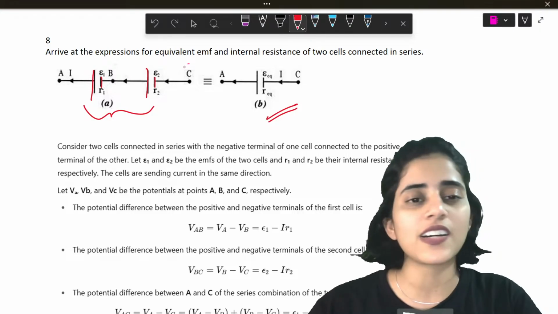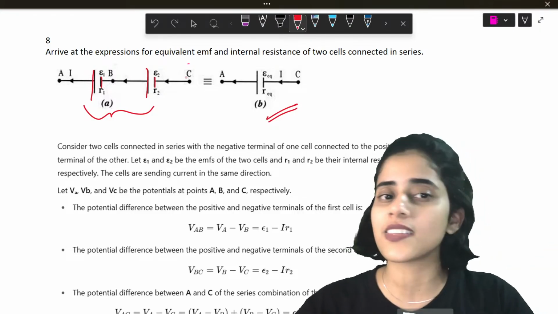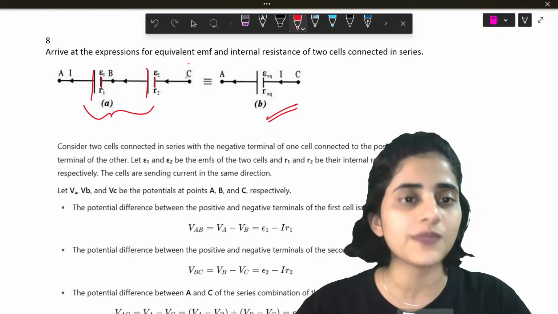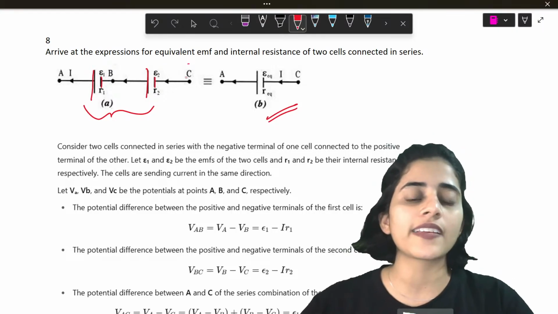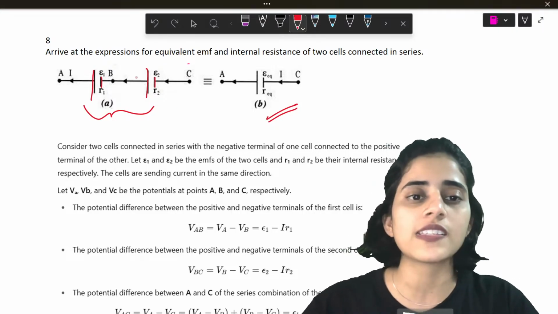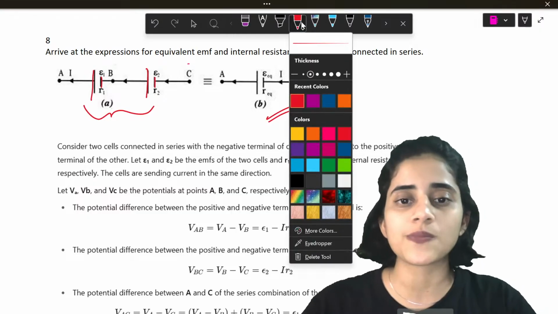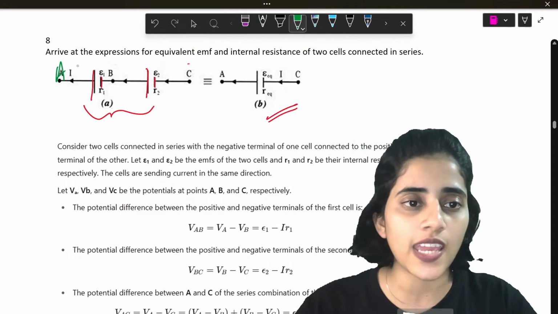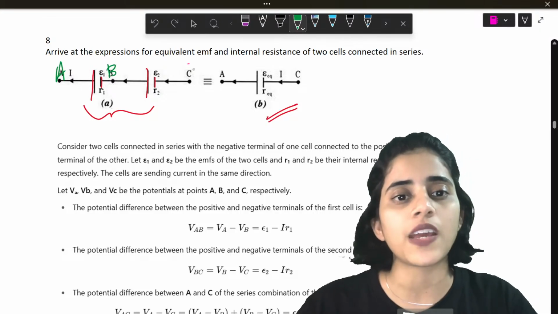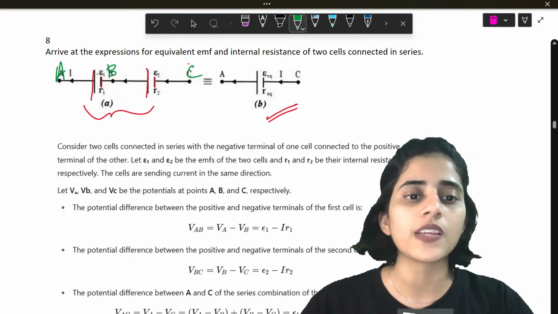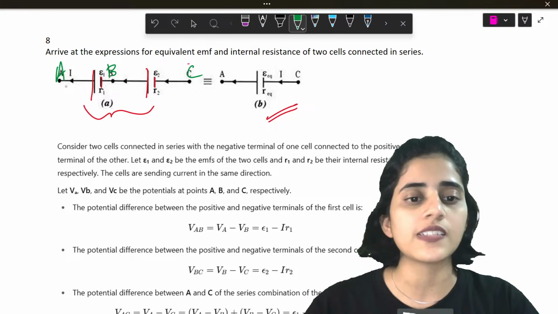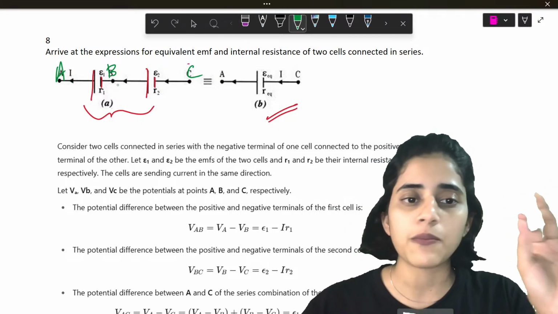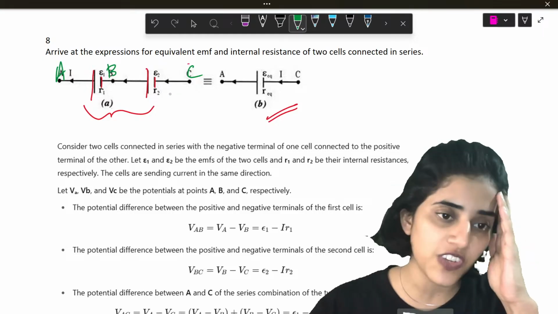Now let's consider, obviously, how are they connected? These two cells are connected in series, one after the other. Now we'll take 3 points, point A, point B, and point C. The potentials at point A, I will take it as VA, B is VB, and C is VC.